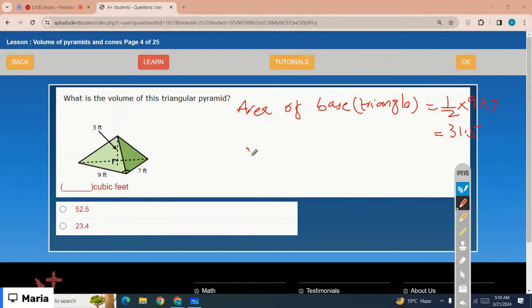Now you have to do 1 by 3 times the area of base times the height. So that is 1 by 3 times 31.5 times 5, right? That is 31.5 times 5 divided by 3. The correct option is 52.5. Got it? Option number 1 is the correct option.